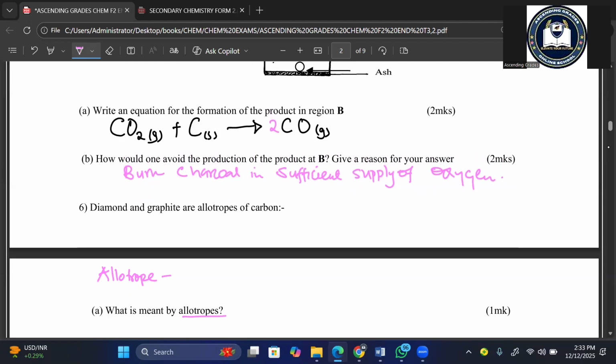These are different forms of a substance in the same physical state.